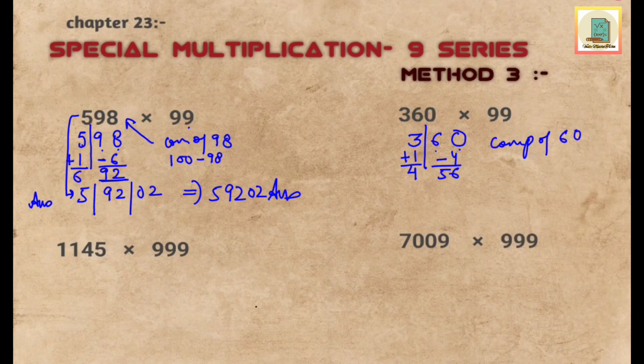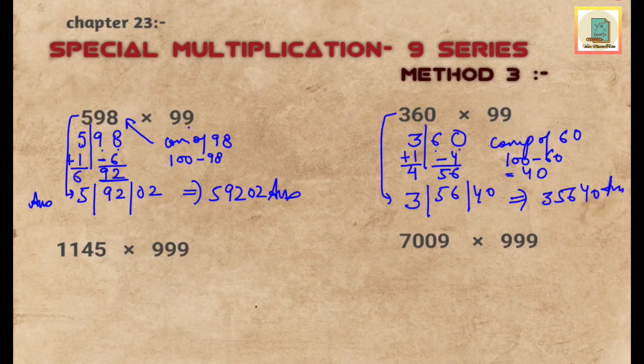So what will be the complement of 60? 100 minus 60, which gives 40. So now the final answer will be first digit as it is. Now make a partition, then 56 and then 40. So 35640 is the answer. Now let's take the number where we have 3 nines.